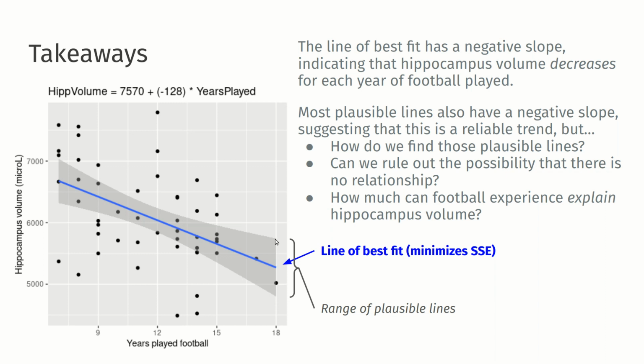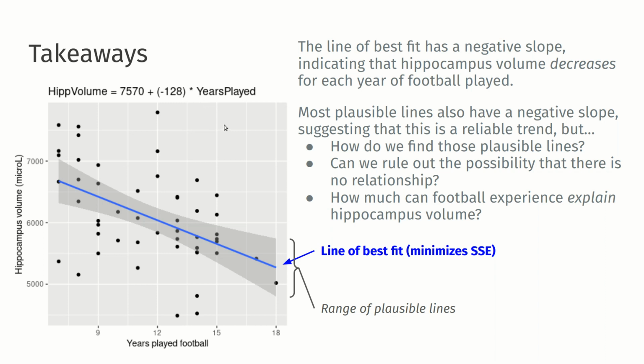And based on the shape of that region, we can see that most of them also seem to have a negative slope. In other words, the region at the end is below the region at the beginning, suggesting that this negative slope is kind of a reliable trend.